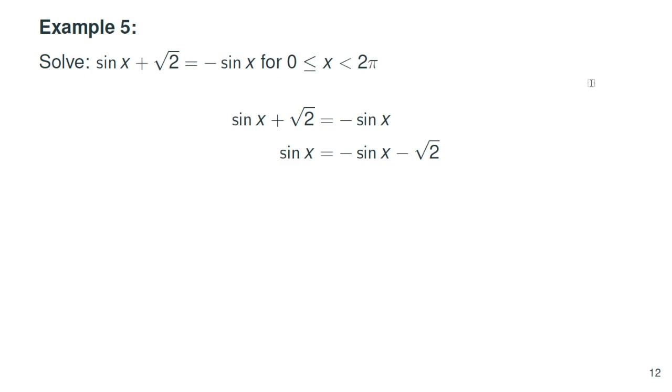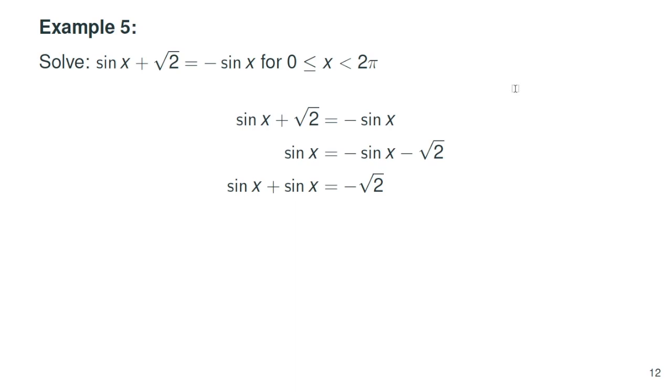And then I'm going to add sine x to both sides. Now in this third line, we have the trig expression on one side of the equation, everything else on the other side. So we can simplify sine x plus sine x with two of them. So we have 2 sine x equals negative square root of 2.